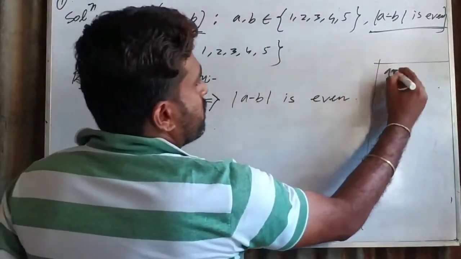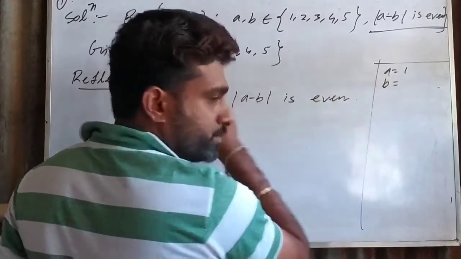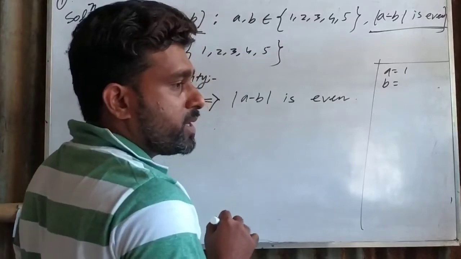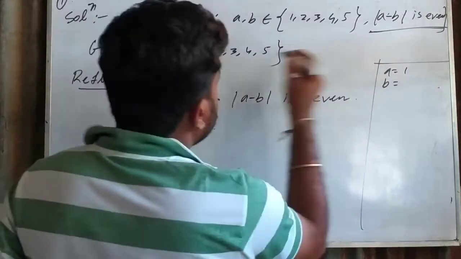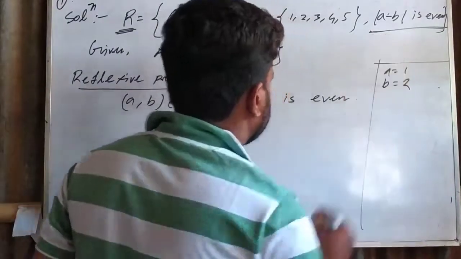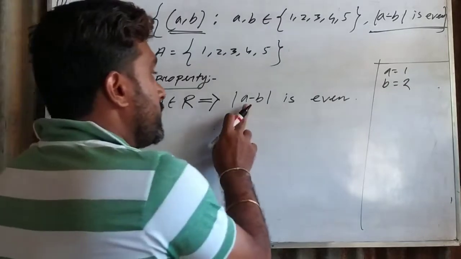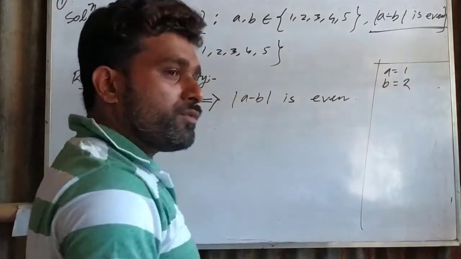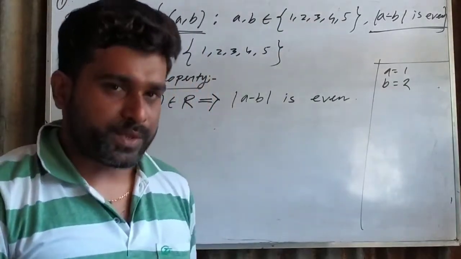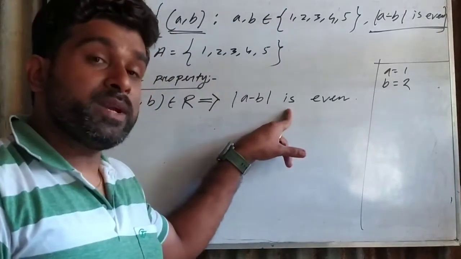If you choose a equals 1 and b equals any number you can choose, suppose 2. The values of a and b should be chosen so that the condition is going to be satisfied.